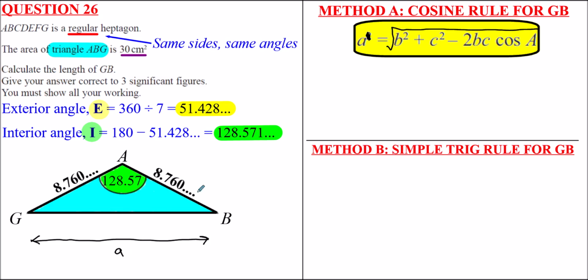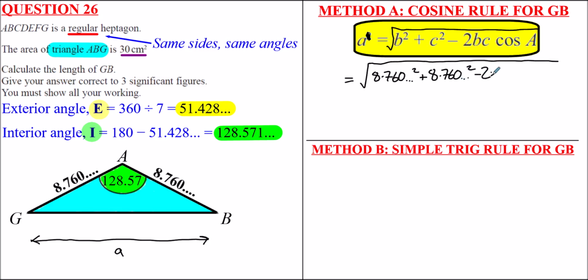So side a is the square root of one side squared plus the other side squared, both of them 8.760, of course, minus 2bc cos A, where A is the angle opposite the side I want to know. That's going to be 128.57. So if I pour it all into this formula, b squared is 8.760 all squared, as is c squared, because that side's the same as the other.